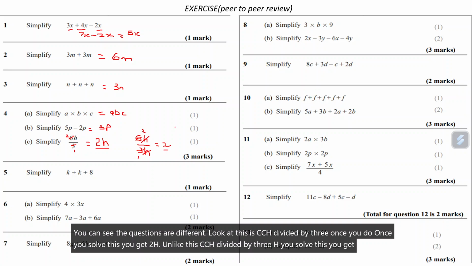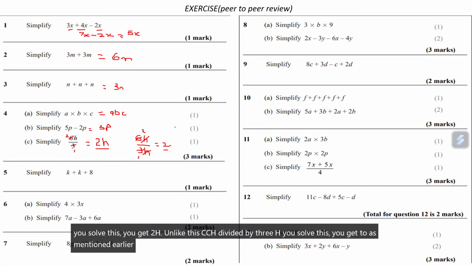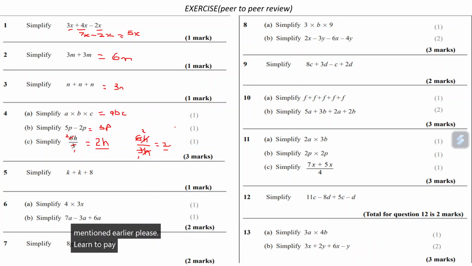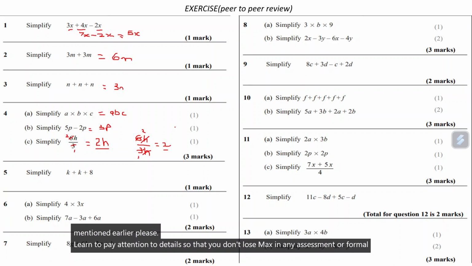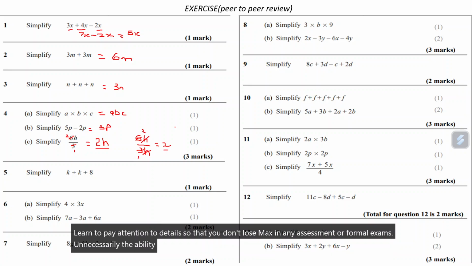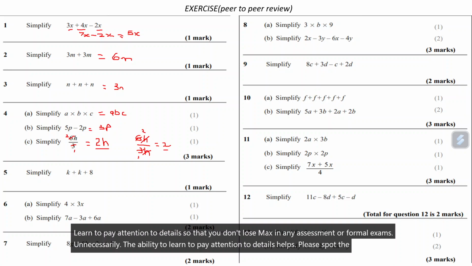As mentioned earlier, please learn to pay attention to details so that you don't lose marks in any assessment or formal exams unnecessarily. The ability to pay attention to details helps. Please spot the difference.